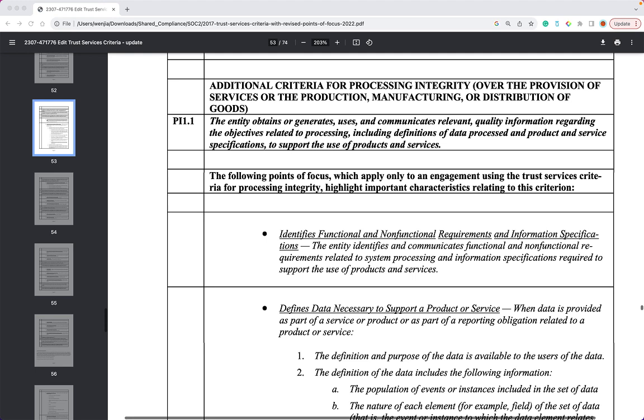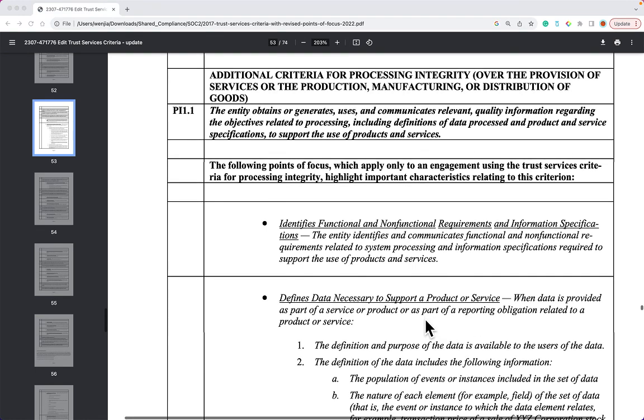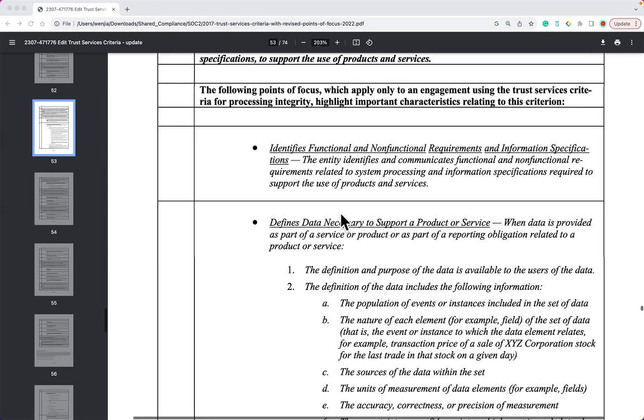Basically, AICPA defines this criteria as system processing is complete, valid, accurate, timely, and authorized to meet the entity's objectives. So basically, it's focusing on the inputs and outputs.